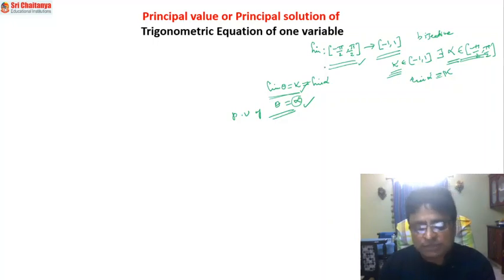And the most important point is that sine is not only bijective in this interval, it is also bijective in some other intervals. But among all those, this is the convenient, most appropriate, short and useful domain and range. And in this particular domain and range, it is very, very useful for us.